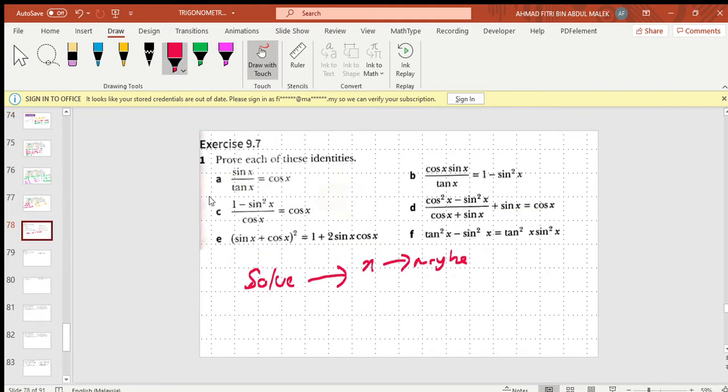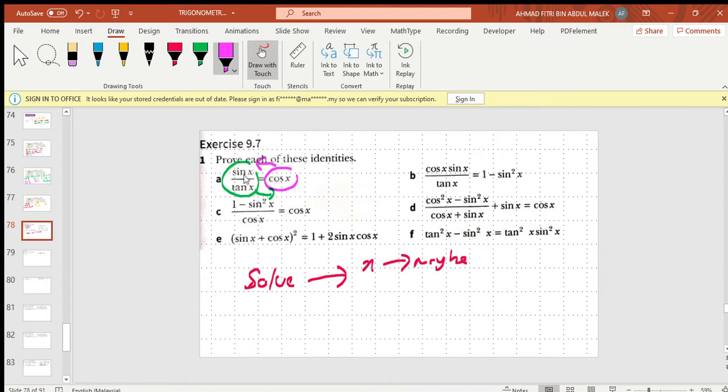Now we go to the last part of the trigonometry functions, where we want to prove these equations. What we mean by proving is we want to show the left side is equal to the right side, or vice versa.